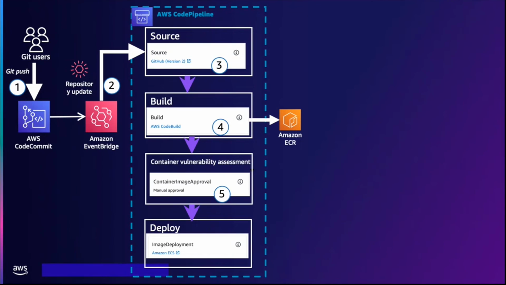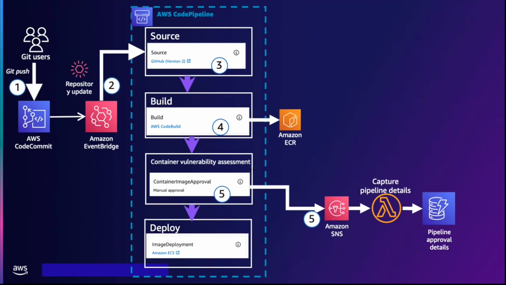Then the fifth step is to integrate with a notification. You can send this to multiple subscribers. One of them could be a Lambda function, which will trigger the pipeline approval.